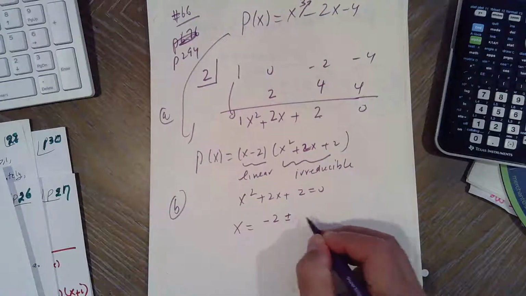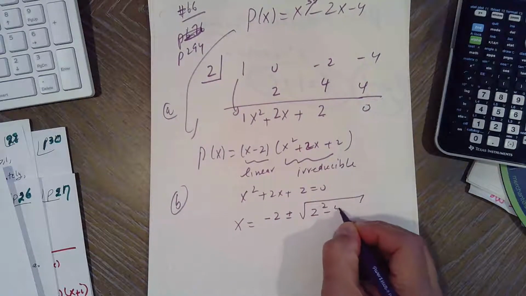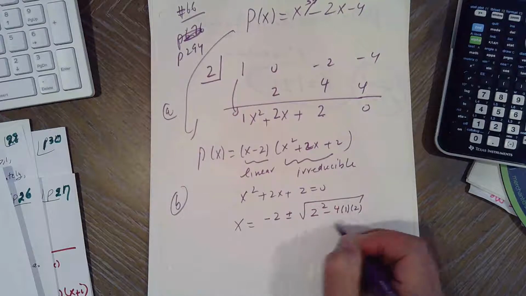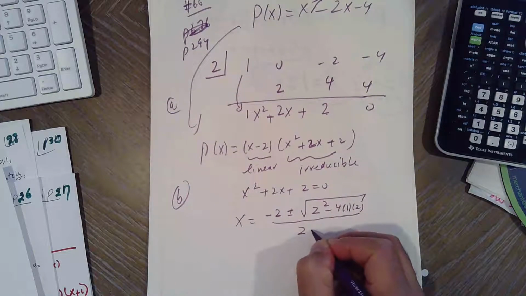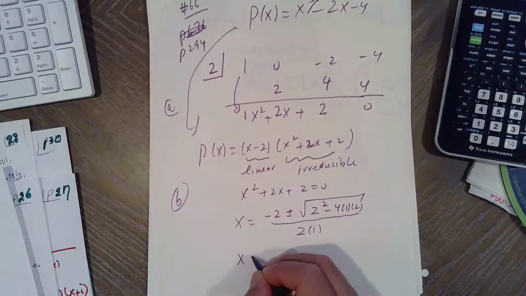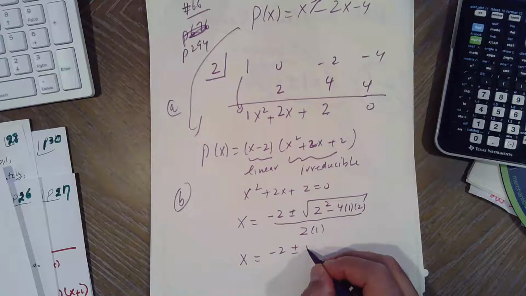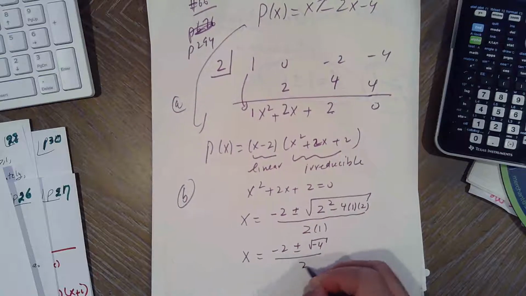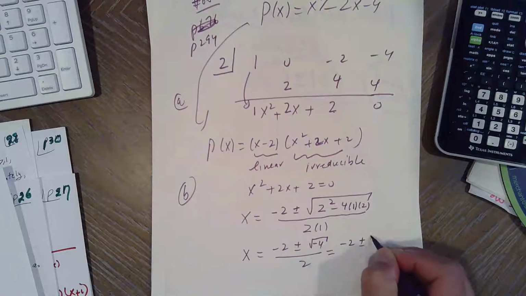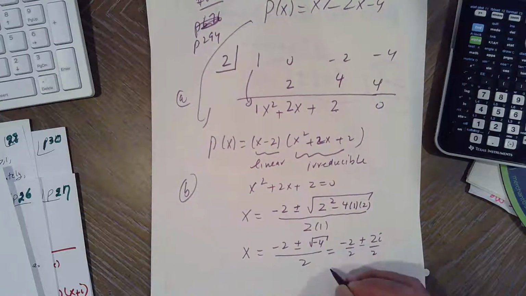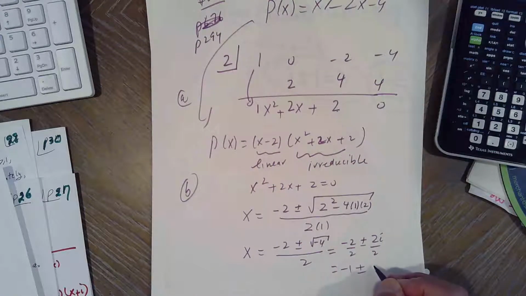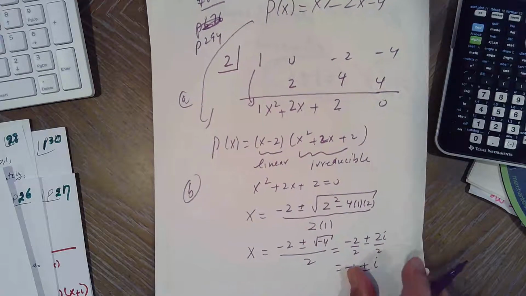Negative 2 plus or minus the root of b squared minus 4ac, all over 2a. So it's negative 2, that's 4 minus 8, which is negative 4. So negative 2 plus or minus 2i over 2. So these are the two imaginary solutions.